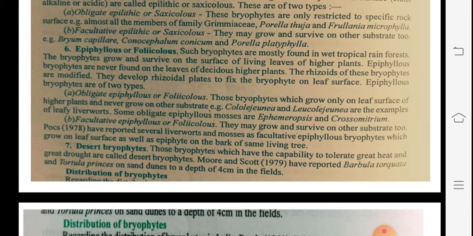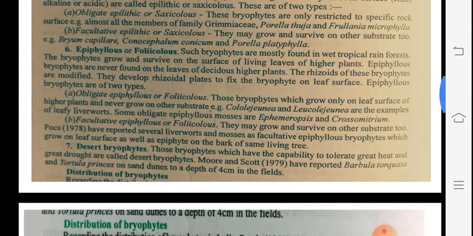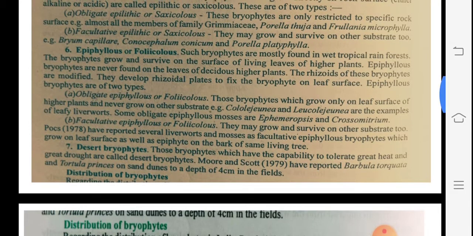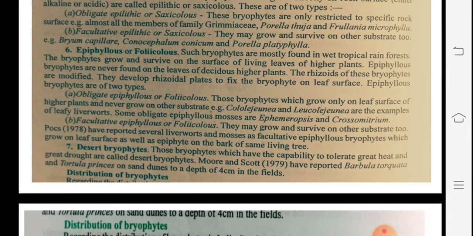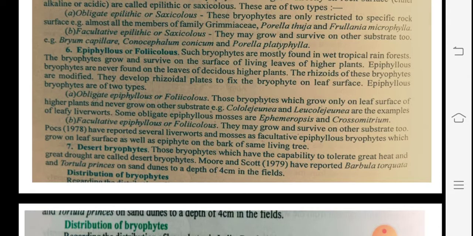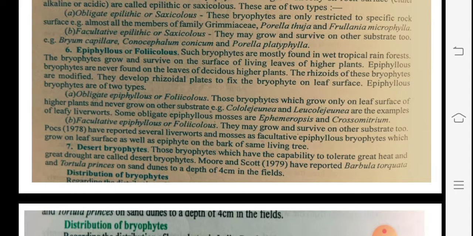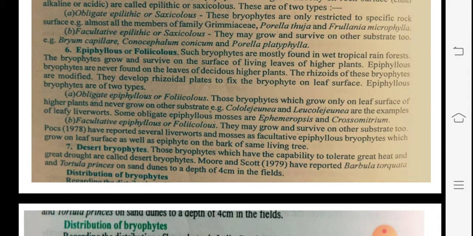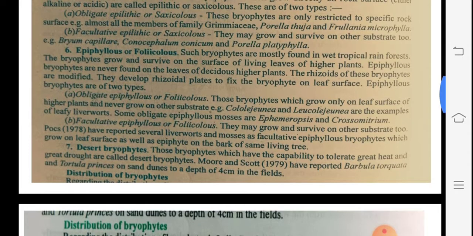Monsoon is also there, but in Andaman there is rainfall throughout the year, sudden rainfall. So what happens here? Living high trees have very large leaves, deciduous or evergreen types, and they show certain leafy jungermannian or epiphyllous jungle.